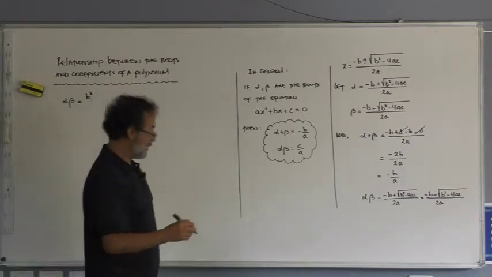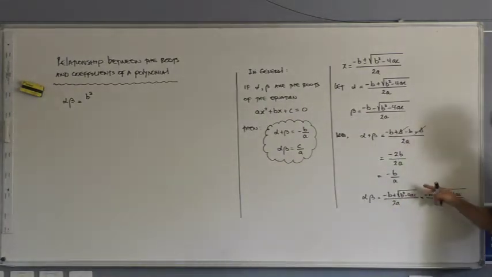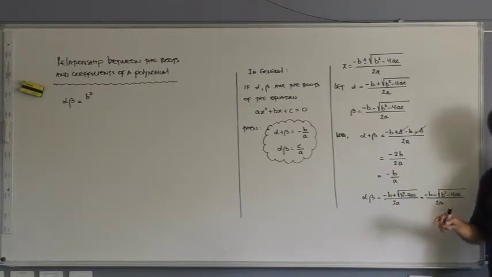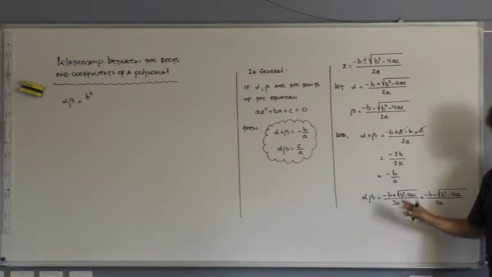Then we multiply the square root by itself. What happens when you multiply the square root by itself? It becomes just itself. Yes, we get rid of the square root.